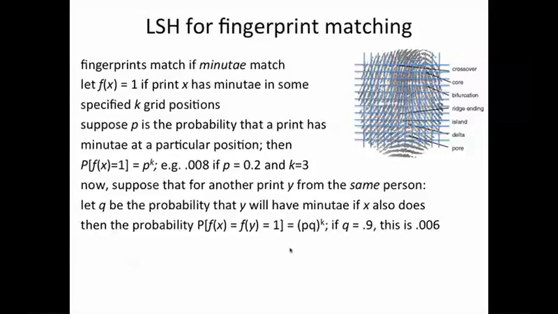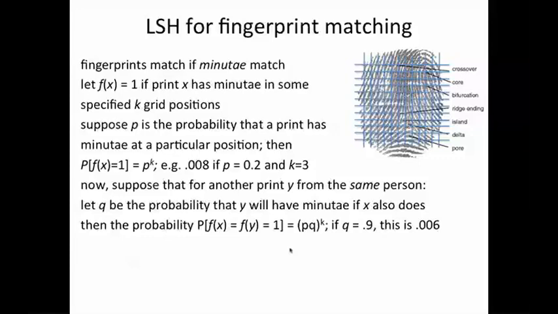If q is 0.9, that means there's a 90% chance that y will have minutiae if x also does in a particular cell, then p q to the 3 works out to 0.006.